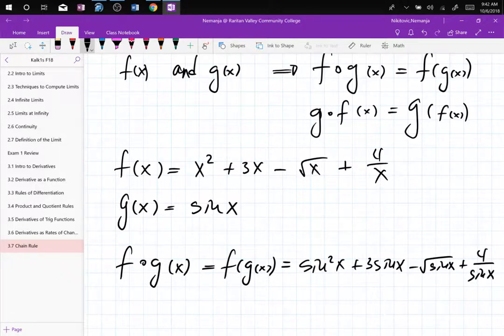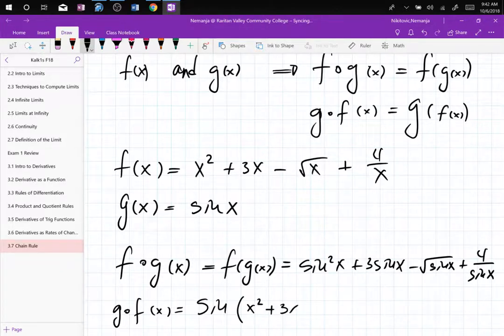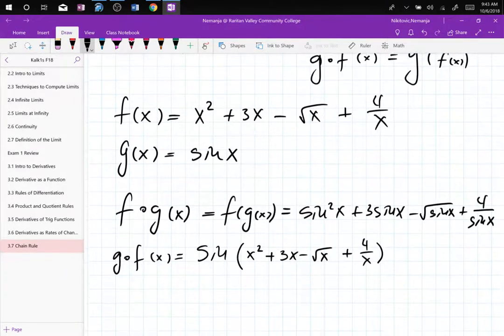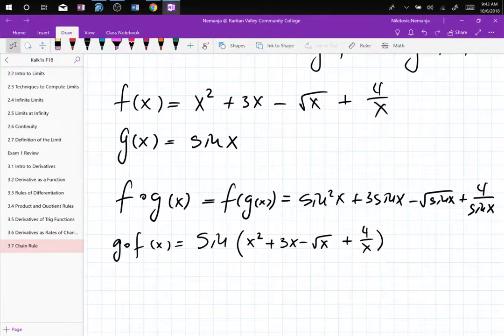So please immediately see that if you are to replace every sine with x, you will have exactly just f. And we can also compose g with f and create sine of, and now replace x of g with the f, which would be all of this. So this is how the function composition works.